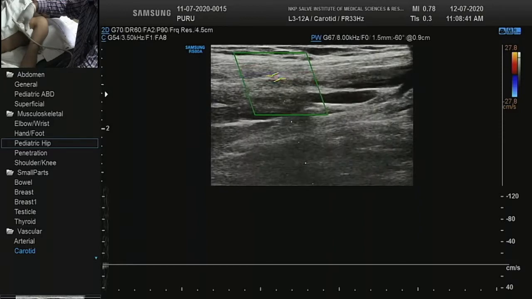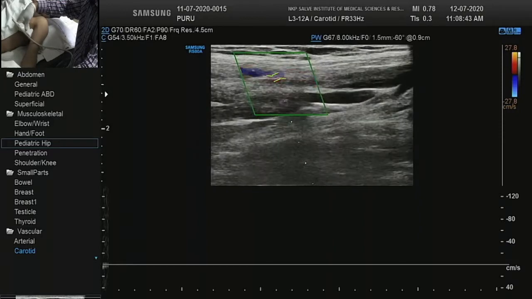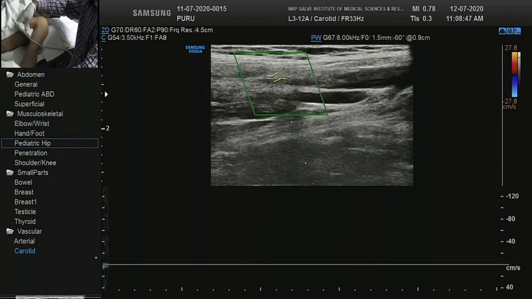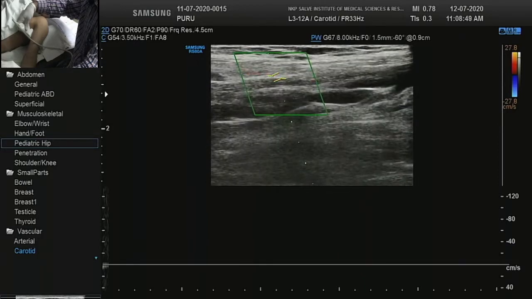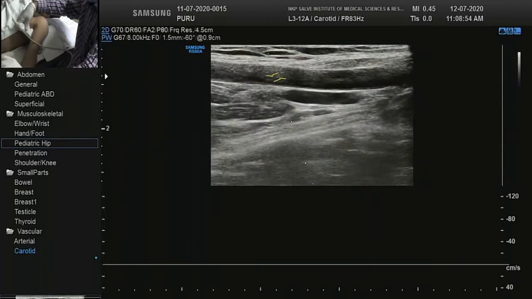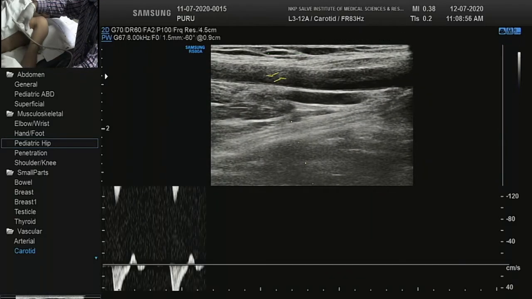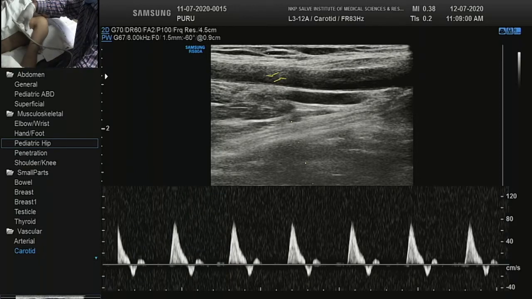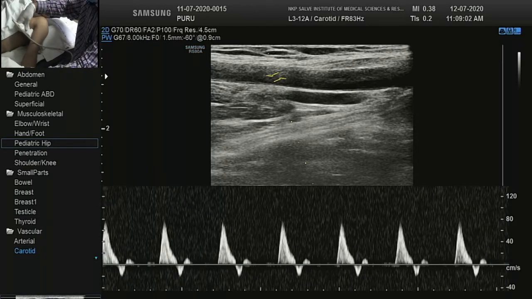So somebody was asking me what is duplex Doppler and what is triplex Doppler. So this is duplex Doppler whenever you are applying a B mode and a Doppler. And whenever you apply all three, B mode, color and spectrum, that is a triplex Doppler.